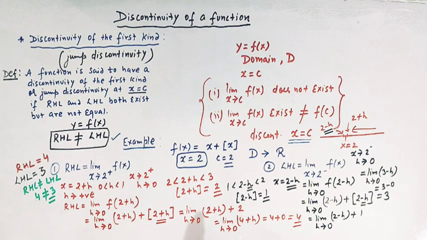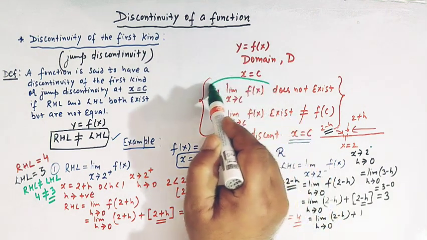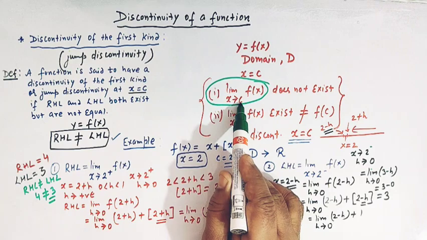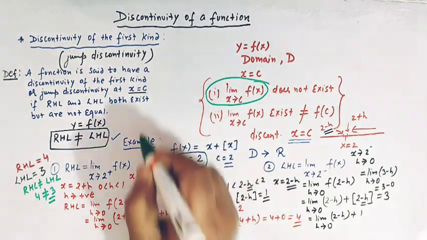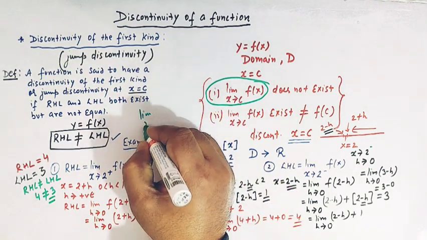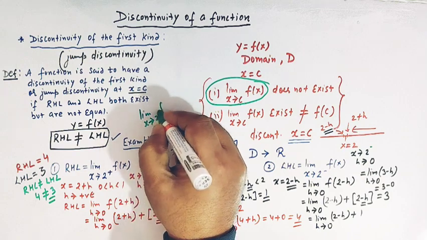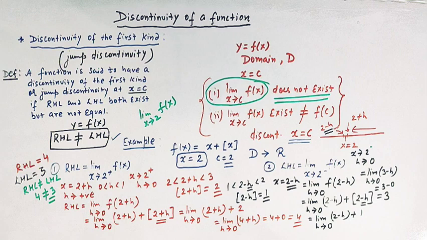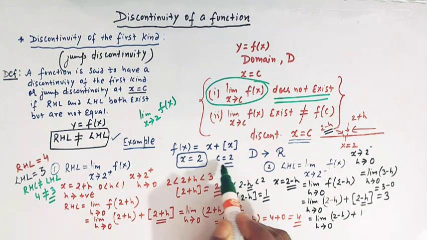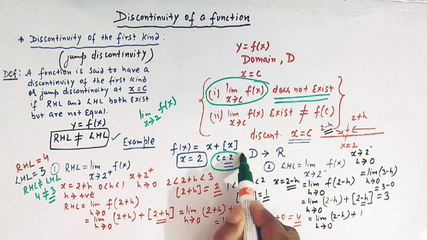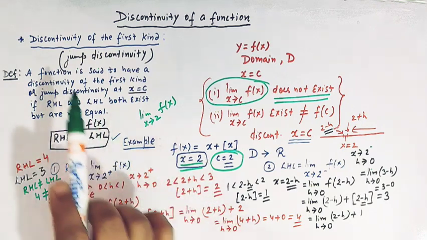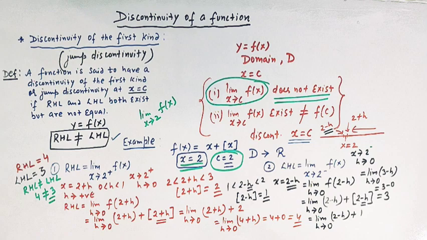So we can claim that the limit as x tends to 2, where c is 2, of f of x does not exist. So we can say that the point c equals 2, or x equals 2, is a point of jump discontinuity.